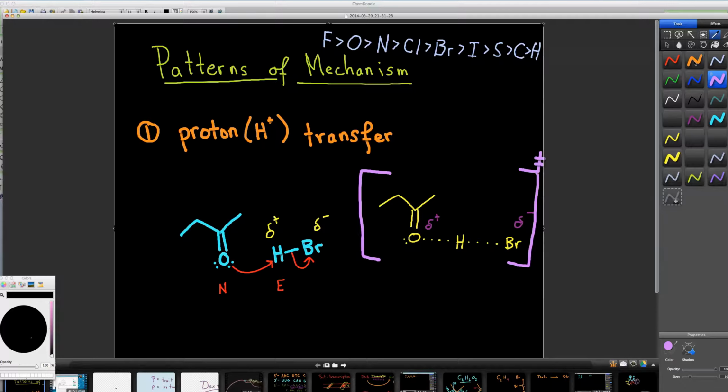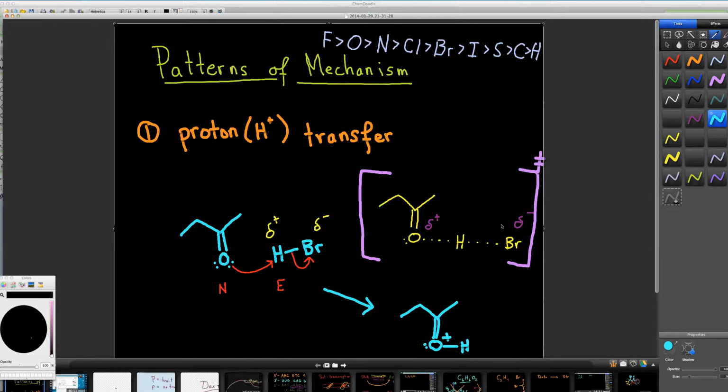Now let's think about the product after this reaction is completed. The carbonyl oxygen will now be participating in 3 chemical bonds with a lone pair and an integer positive charge.